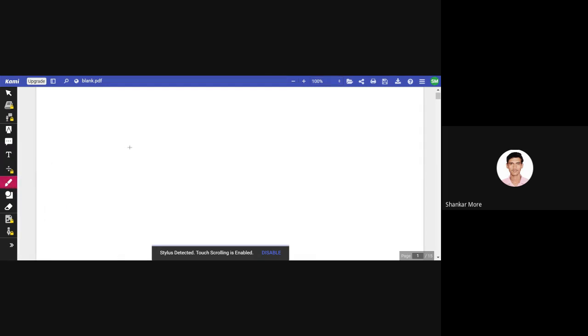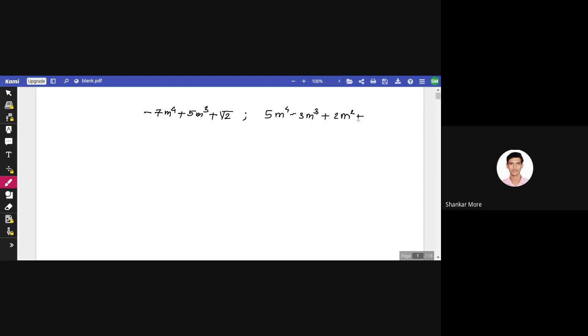So I hope this was the question. Minus 7 m raised to 4 plus 5 m cube plus under root 2, and the second polynomial was 5 m raised to 4 minus 3 m cube plus 2m square plus 3m plus 6.